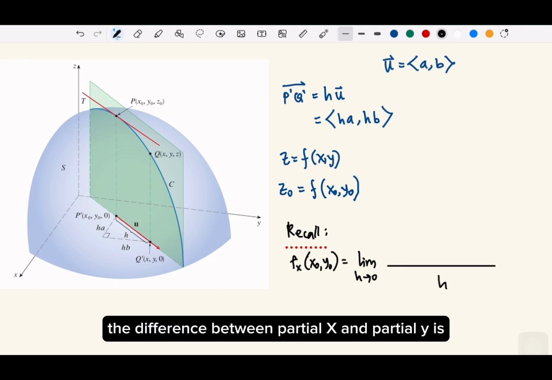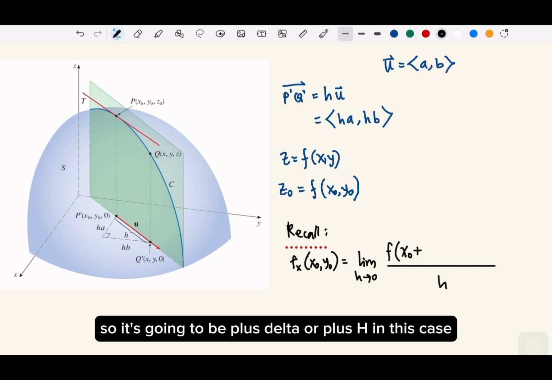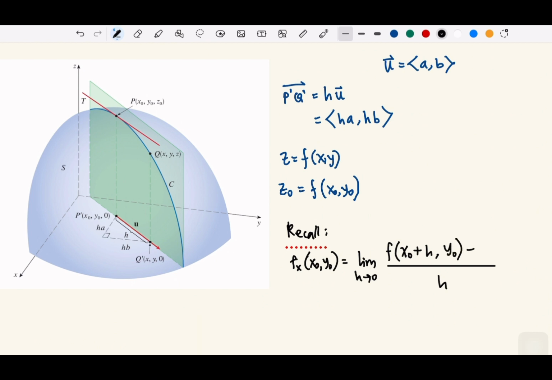The difference between partial x and partial y is that one will be constant and one will be variable, and then you can switch with the other one. So we can write here the changes are on x. So it's going to be plus h in this case, and the y will be a fixed constant.